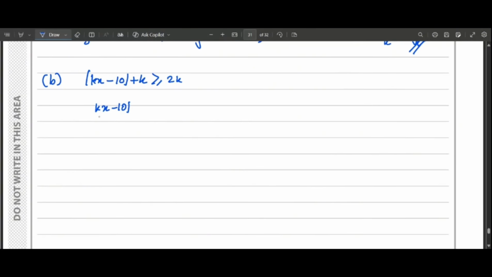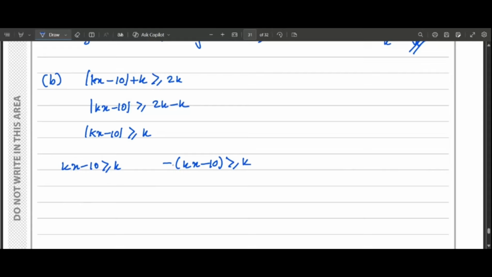So I can isolate the modulus. This will be equal to 2k minus k. Now I can further simplify, and ultimately I get this. Now I can write this as kx minus 10 is greater than k, or minus kx minus 10 is greater than k.